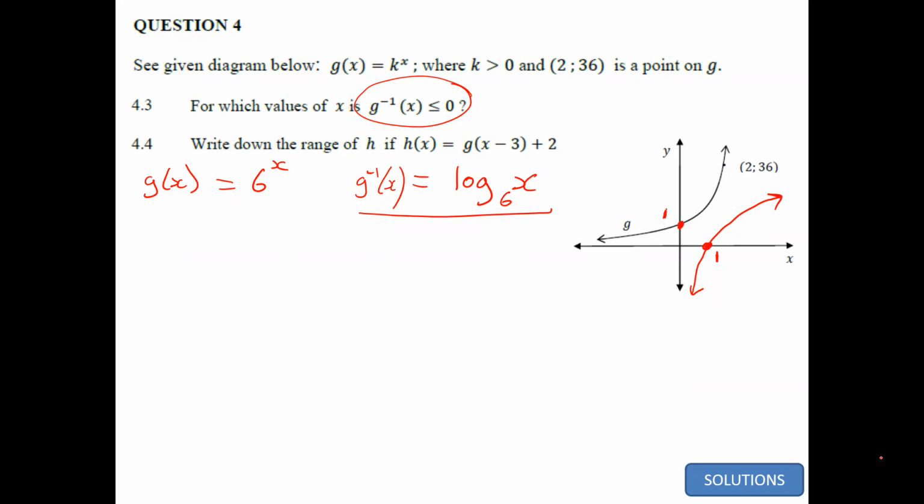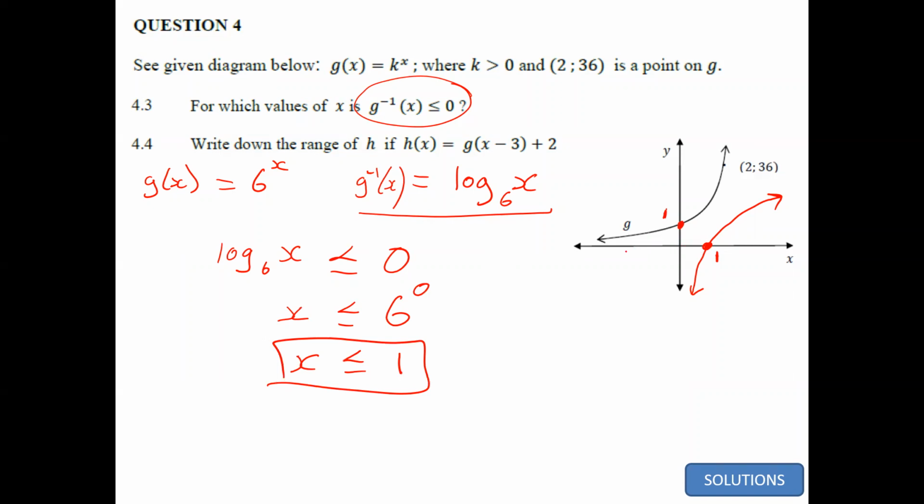So the question is, when is g of -1? In other words, when is log x base 6 less than and equal to 0? You can actually solve it, bring it back to exponential form. It will be x less than equal to, your base is 6 to the power 0, so it's x less than and equal to 1.